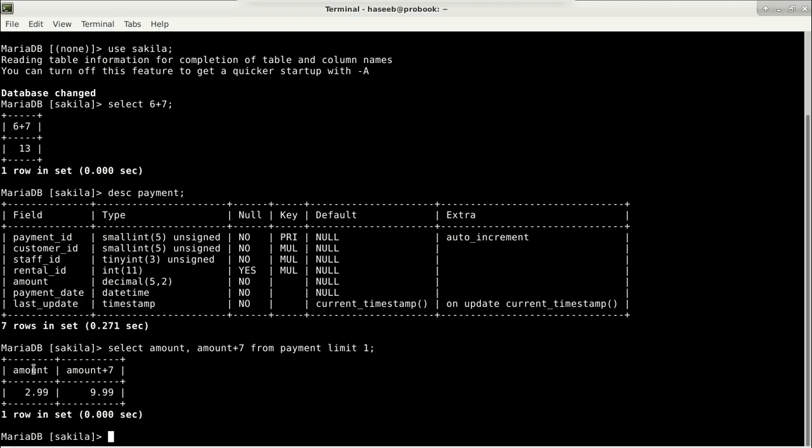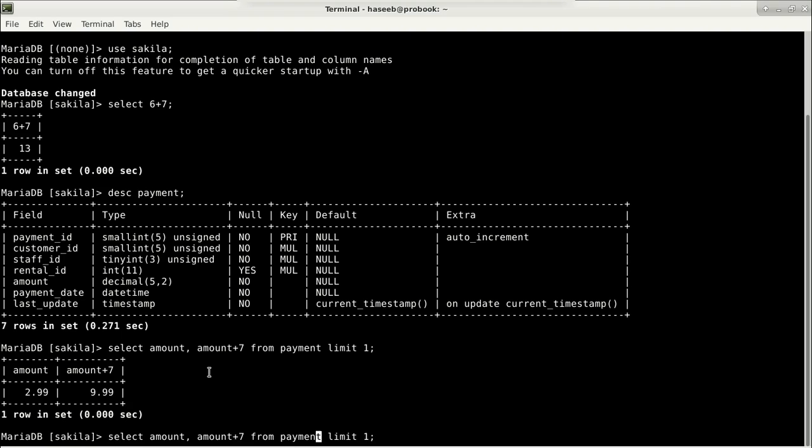Just to give you an example, I have displayed only one record of this select statement, and I have displayed the value of the amount field, and then again displayed the value by adding 7 to the amount field using the plus operator. So amount is 2.99, and after adding 7 to this we got 9.99.